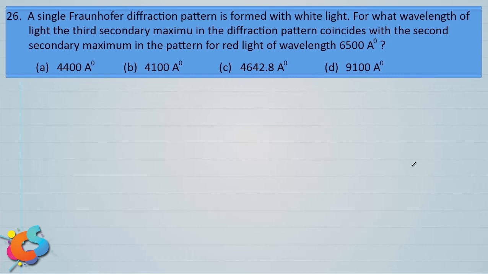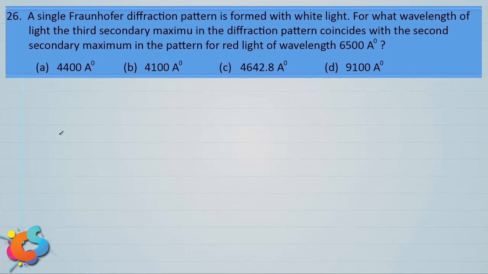Here, what coincides with what? A bright fringe coincides with another bright fringe. So we'll have to equate the distance of a fringe due to white light with that due to red light.